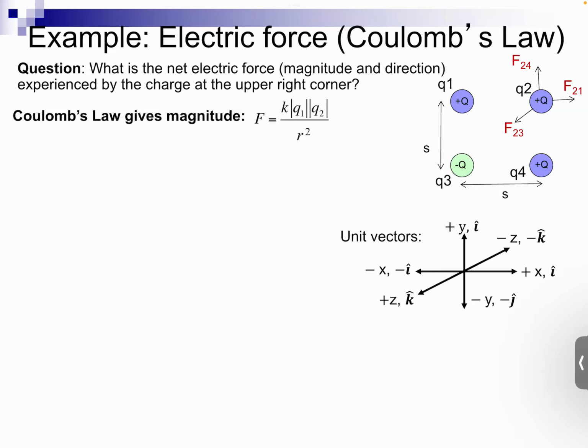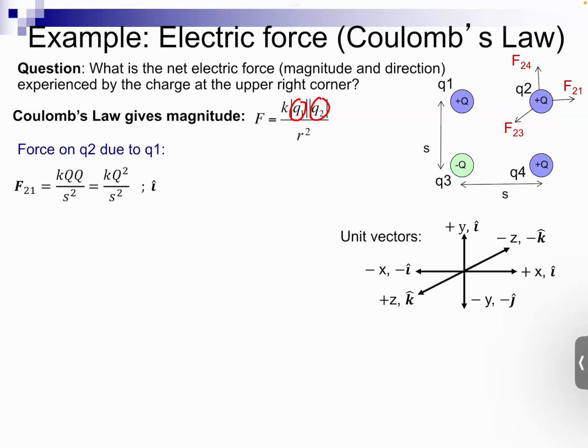Coulomb's law gives you the magnitude of the force. And yesterday we saw that if you have more than 2 charges, you look at 2 charges at a time, because Coulomb's law only involves 2 charges at a time. Just a reminder, we'll use unit vectors to indicate the direction according to the directions of the forces we've drawn.